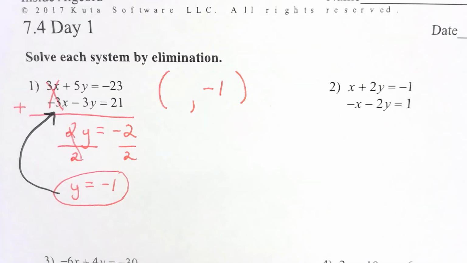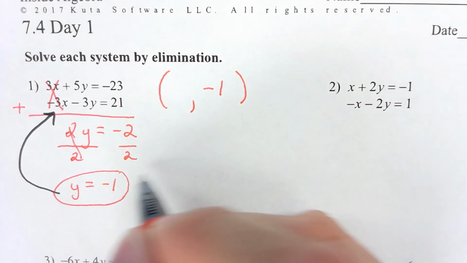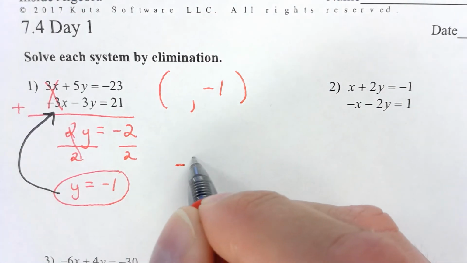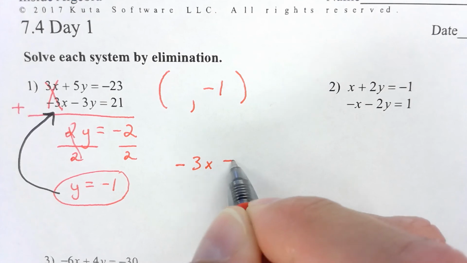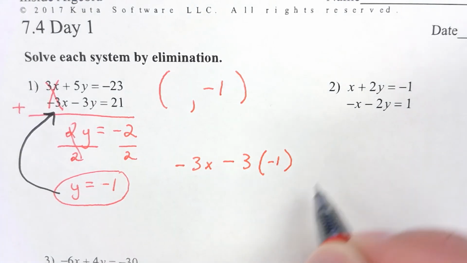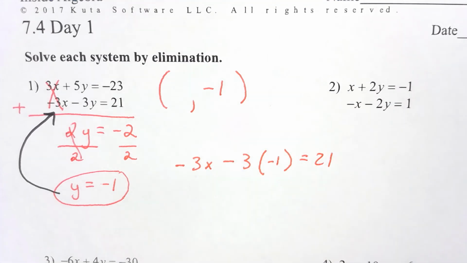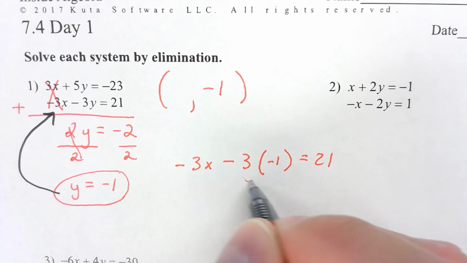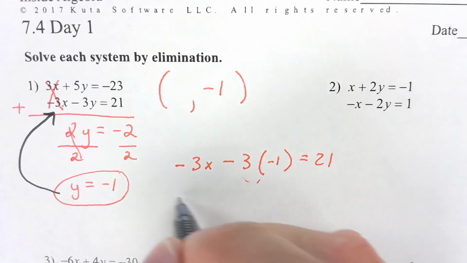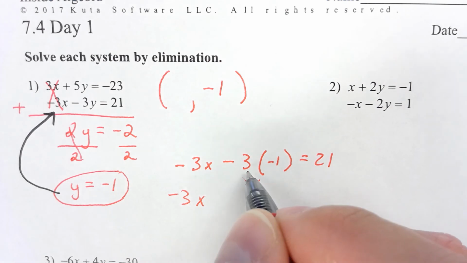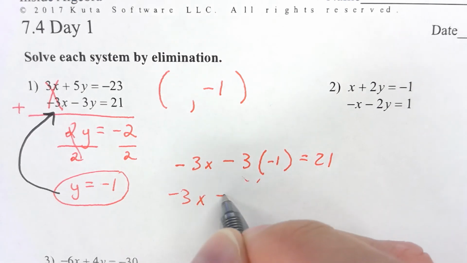So I'm going to put this into the bottom, so I have negative 3x minus 3. Remember, this is a y, so it goes right there for the y, equals 21. Put together what you can. These are terms we can multiply, so negative 3 times negative 1 is a positive 3.